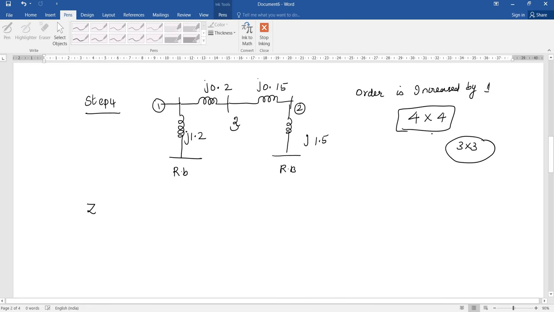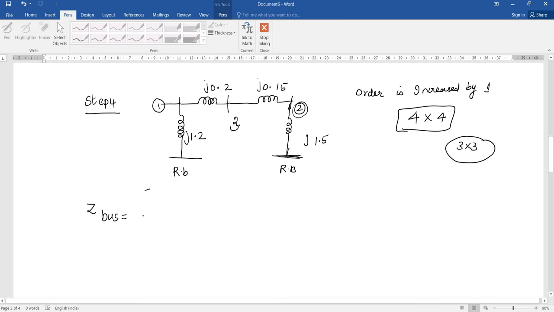So the last row and the last column should be eliminated, because here bus 2 is the old bus and the reference bus is also old. That is, both are existing. So here we have to increase the order, but we should eliminate the rows.